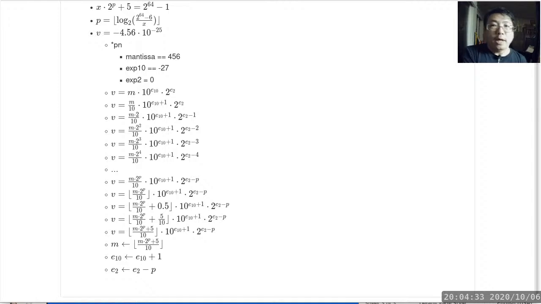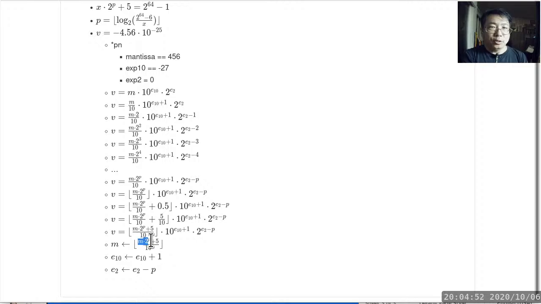Now, you don't have to do all this at the end of figuring out what P we should use. Instead, you can basically just use P as 1 and then update M, update E2, accordingly. But don't do the division by 10, right?